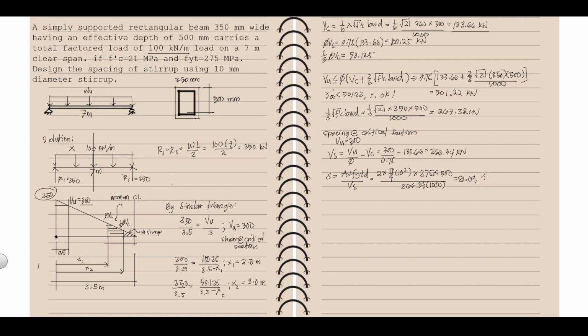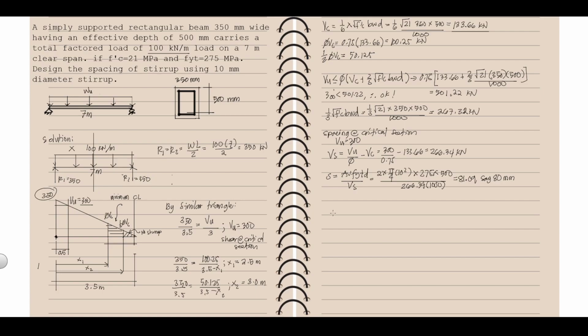So, siyempre gusto natin whole number, nearest 10 or nearest 5. Let us say, 80. 80 mm. Of course, we need to check for the S-max.